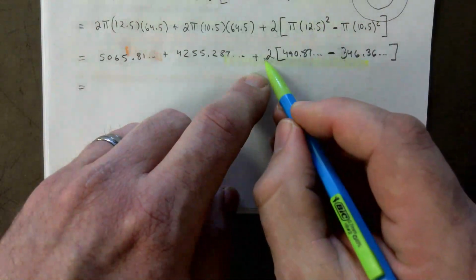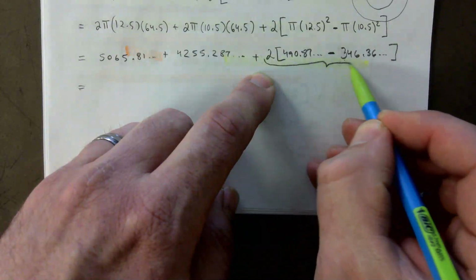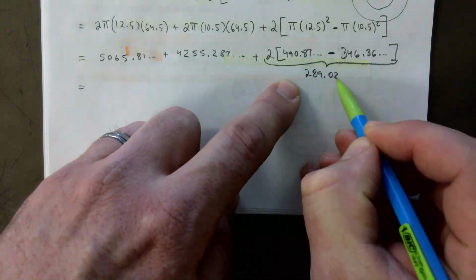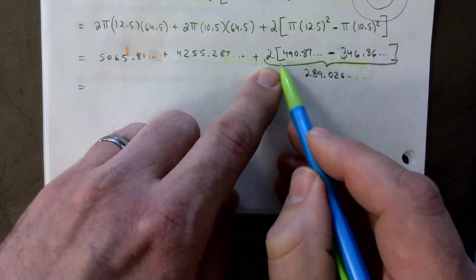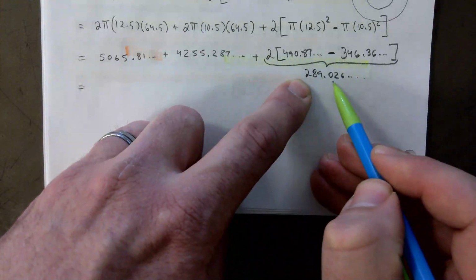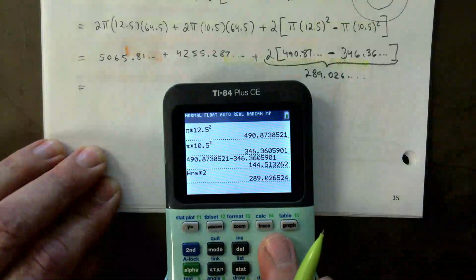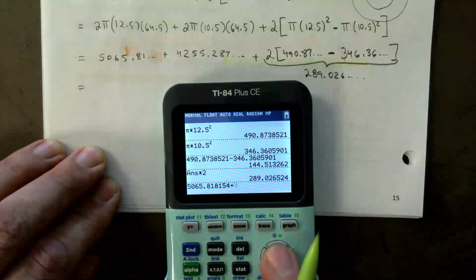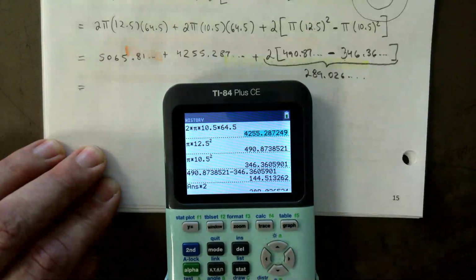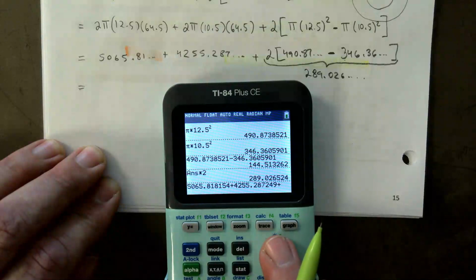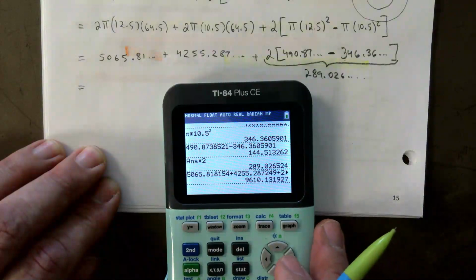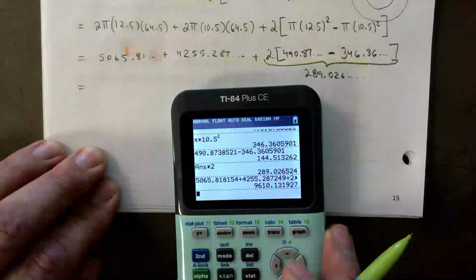So I give you full permission to do something like this every once in a while. You just say that that's 289.026, right? We've crunched this. That's what it comes down to. And now just add. So I'm going to copy paste plus the 289, and that's 9,610.13.